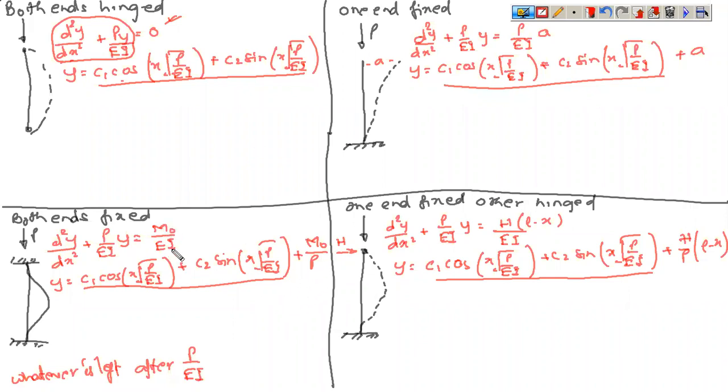Here M naught by EI. So if you look at M naught by EI, then what is left? M naught by P.